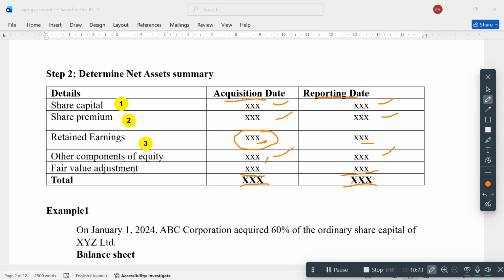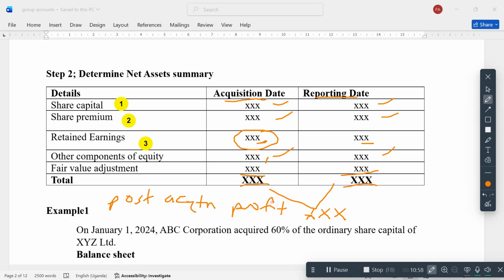Now, after that, we are going to subtract this total at reporting date minus total at acquisition date. When you subtract, you get a figure here. This figure, we call that post acquisition profit or movement.